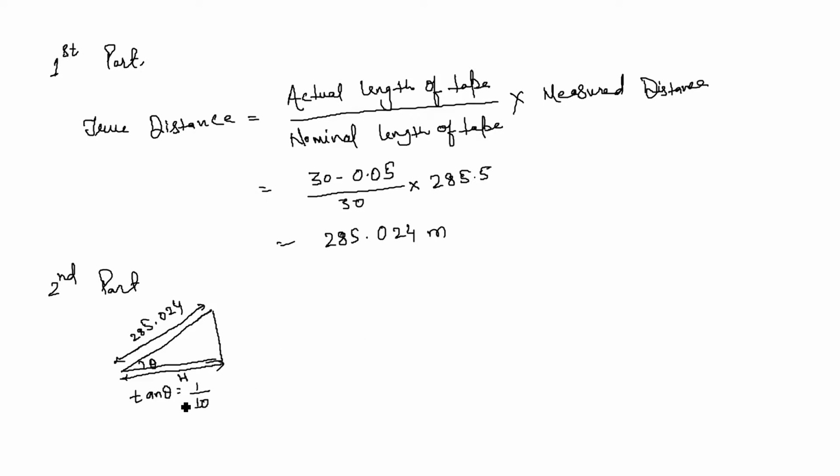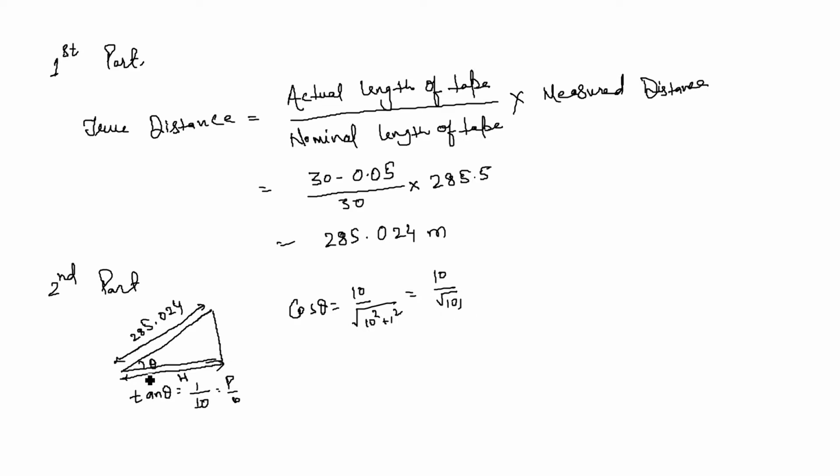So since tan theta is equal to 1 by 10, so can we calculate cos theta? So this is 1 by 10, that is perpendicular by base. So cos theta is equal to base by hypotenuse, so it will be 10 square plus 1 square, so it will be 10 by root over 101.